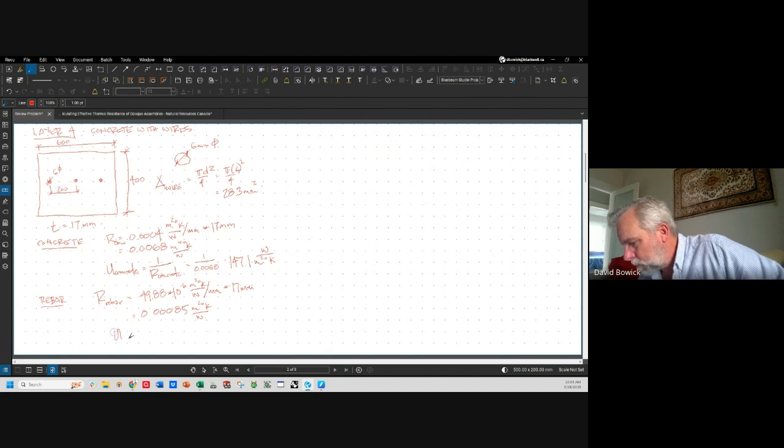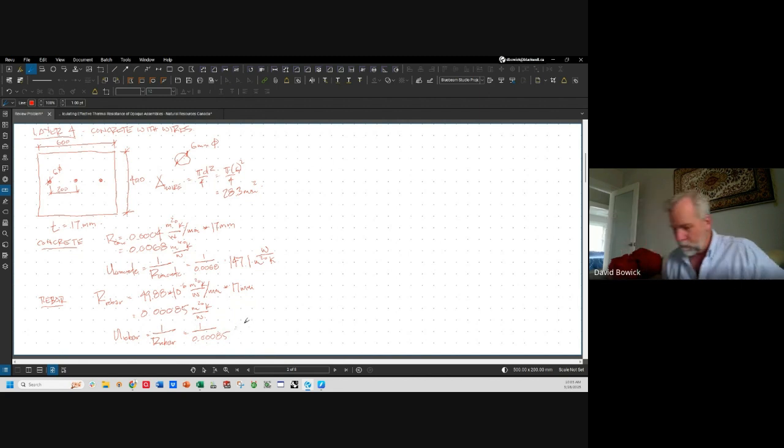So U rebar equals 1 over R rebar, equals 1 over 0.00085, equals 1180.4 watts per meter squared degree Kelvin.